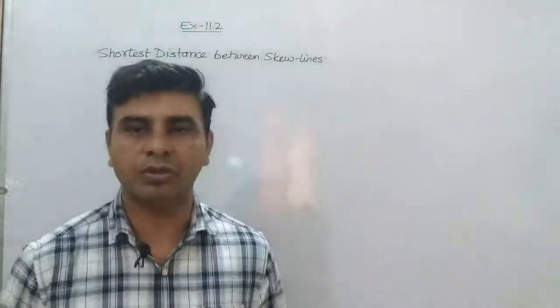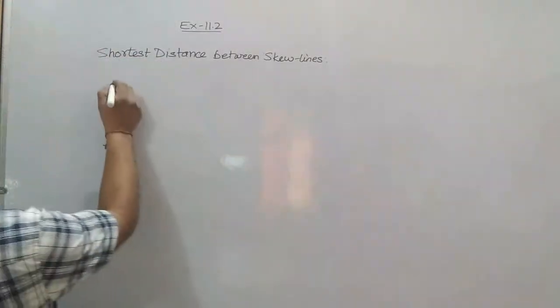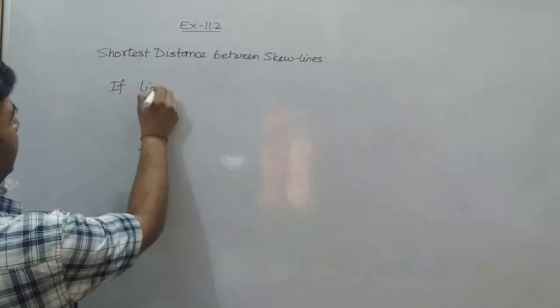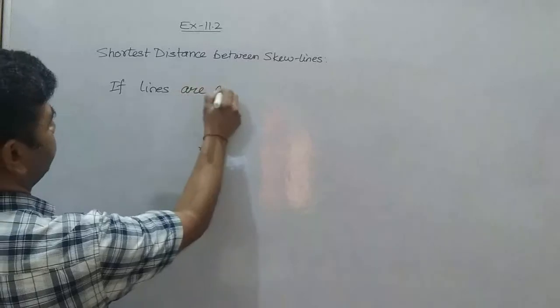shortest distance equal to 0 if lines are coplanar.